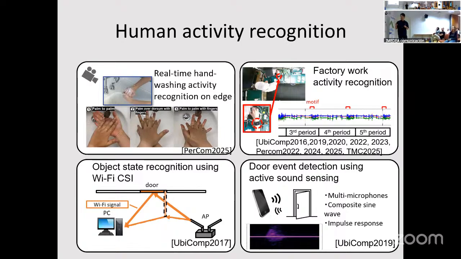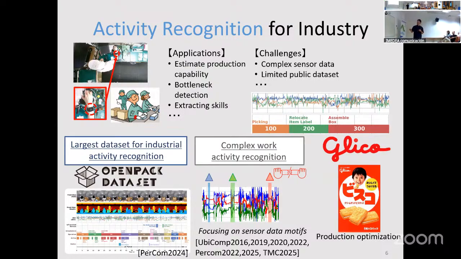We are now mainly focusing on recognition of factory work. We attach a sensor device to factory workers to recognize or analyze their work behavior or activities. It has a lot of applications such as estimating production capability or bottleneck detection in line production systems.